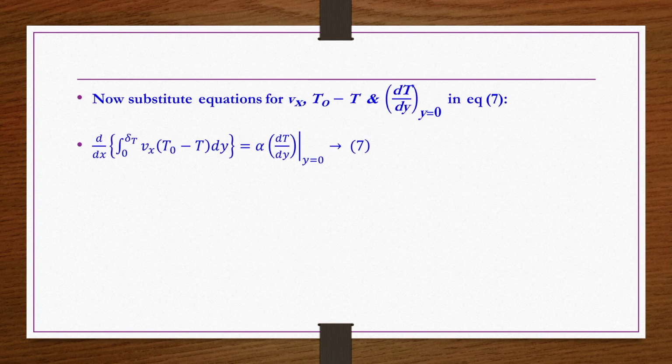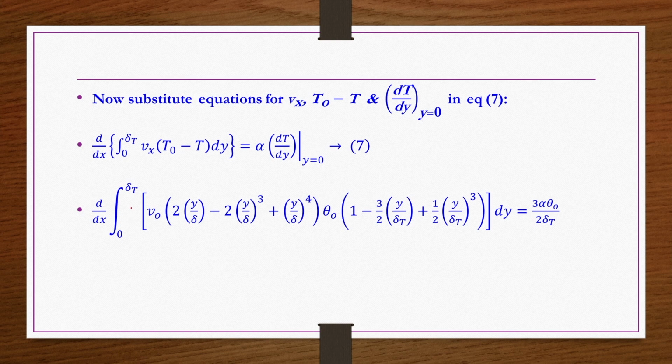Equation number 7 is rewritten here: d by dx of the integral from 0 to delta T of Vx, which is this one, multiplied by T naught minus T, which is theta naught times this one, dy, equals dT by dy at y equals 0, which is 3 theta naught divided by 2 delta T, multiplied by alpha.